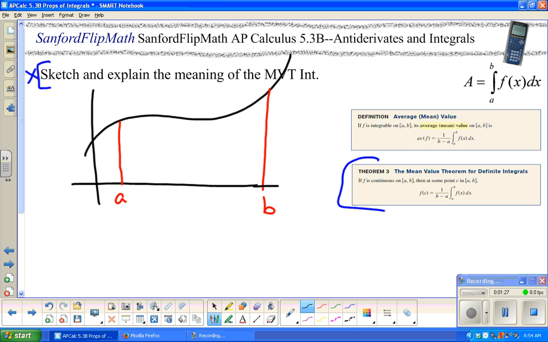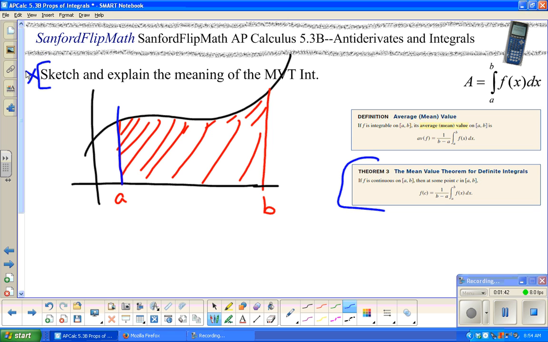If I'm illustrating what the average is, basically if you find this area and you wanted to know, if this really was a rectangle, what would that rectangle look like? It would look something like this, and it would have a height that's the average.